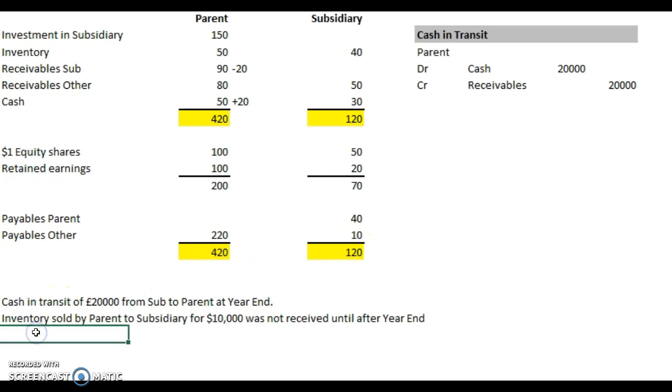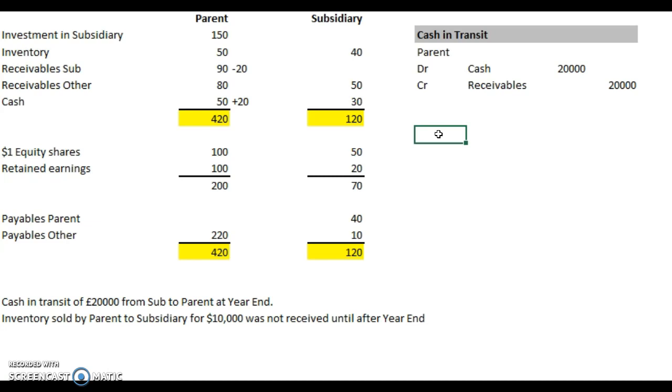What's the next one? The inventory sold by the parent to the subsidiary for £10,000 was not received until after year end. So the inventory has, which way has it gone? It's gone out of the parent, so it's disappeared from here, and it's not appeared there yet. So let's just do this while we're talking.